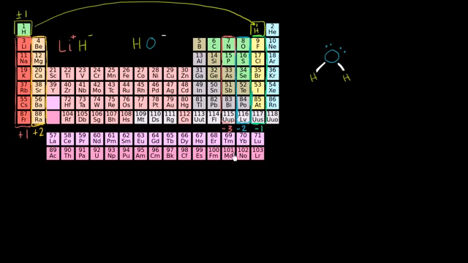To get to hydroxide, the oxygen essentially nabs both of these electrons to become, so you get that pair, that pair. Now you have, let me do this in a new color, this pair as well, and then you have that other covalent bond to the other hydrogen.